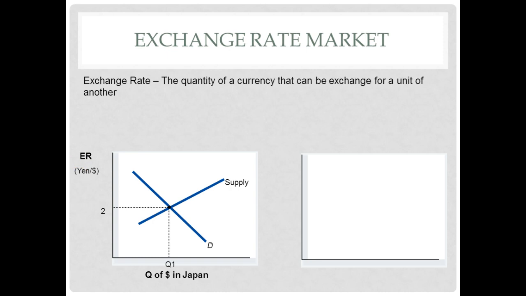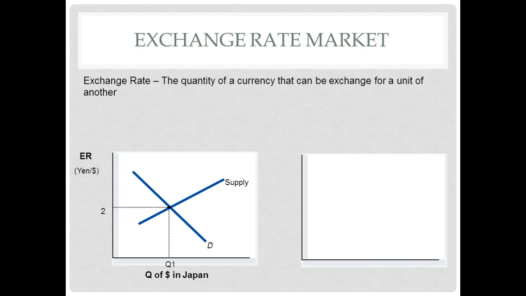So what that means essentially is, at this particular moment, for every dollar that is exchanged, 2 yen must be given back for that dollar. Okay, so far so good. Now, if it's true that 2 yen equal $1, it must also be true then, logically, that half a dollar equals a yen. Could we do that graphically as well?